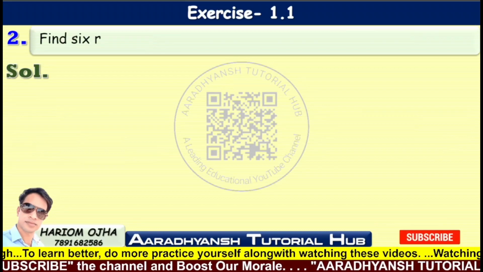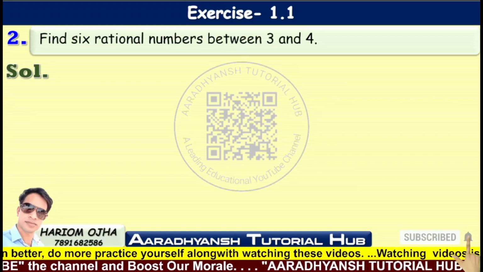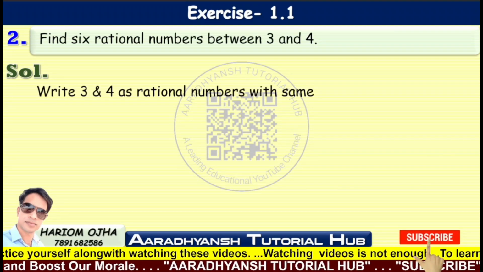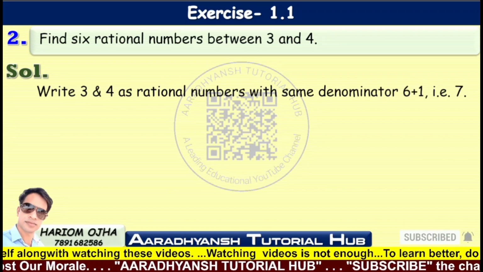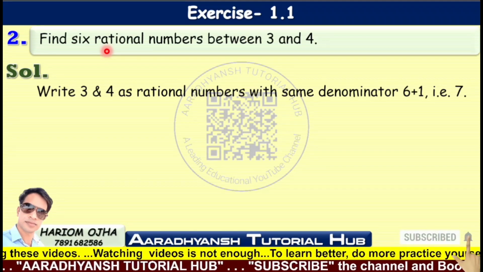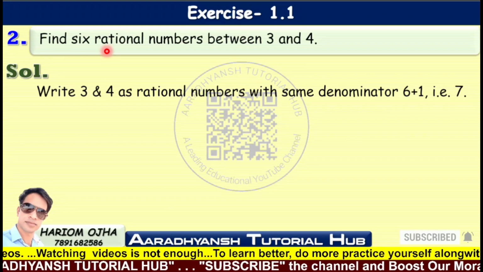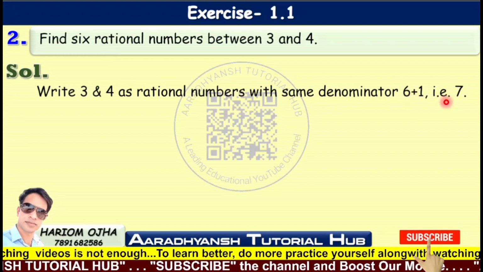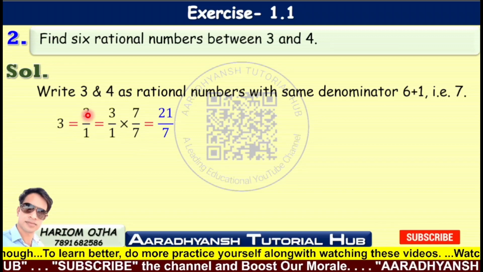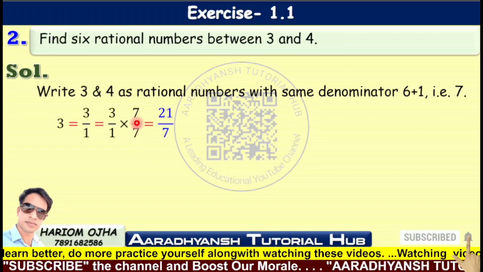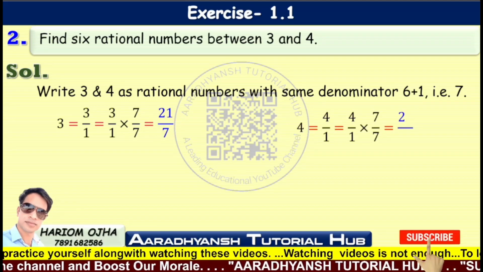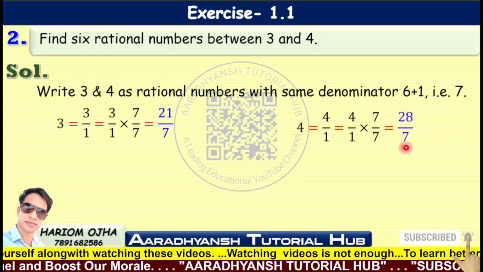Next, question 2 is find 6 rational numbers between 3 and 4. Here we can write 3 and 4 as rational numbers with same denominator as 6 plus 1. We have to find 6 rational numbers, so we can multiply both the numbers with 7 over 7, that is 6 plus 1. 3 equals 3 into 7 over 7. You can write 3 over 1 also, and multiply it by 7 over 7, you will get 21 over 7. Similarly, when we multiply 4 with 7 over 7, we will get 28 over 7.